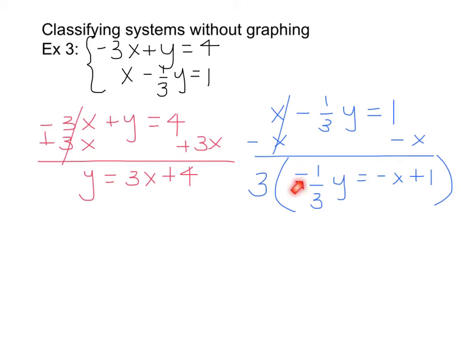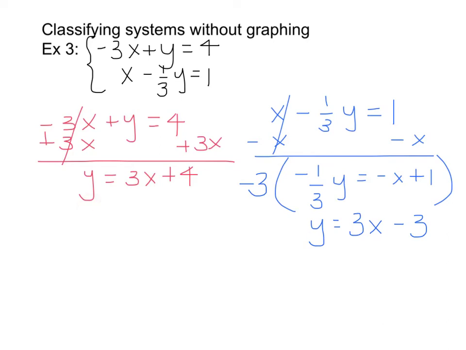But then I hope that you notice that this equation has a negative in front of it, so I'm not just going to multiply by 3, I'm going to multiply by -3. So -3 times -1/3 y gives me just positive y. And then -3 times -x gives me positive 3x. And -3 times positive 1 gives me -3. And now my two equations are in slope-intercept form.